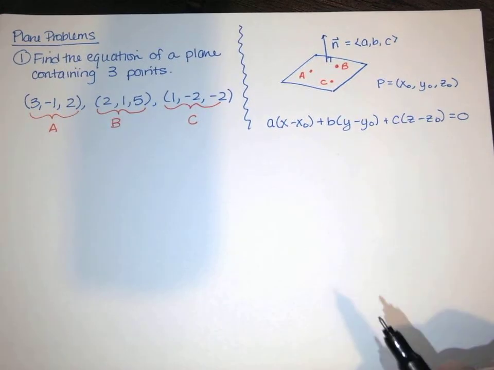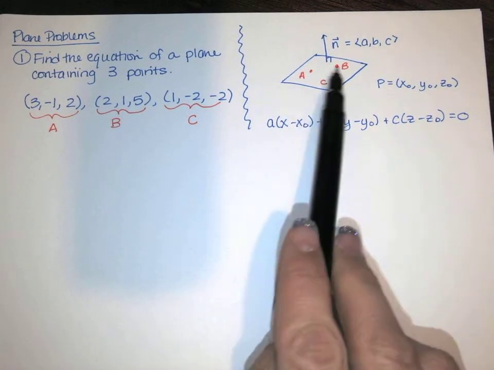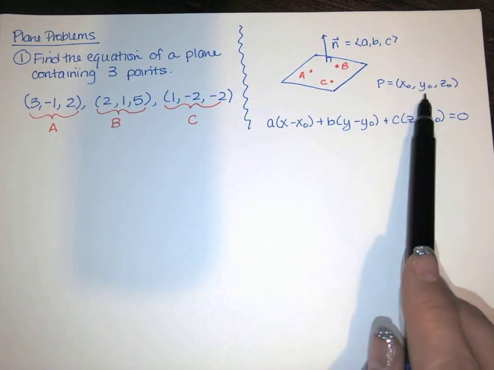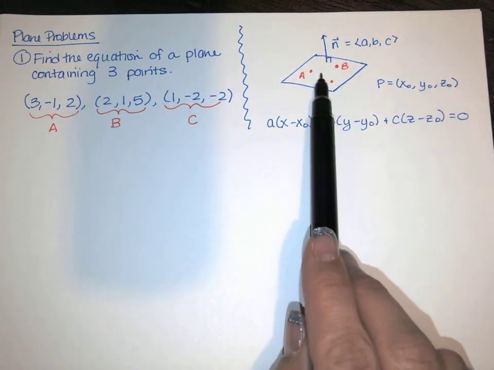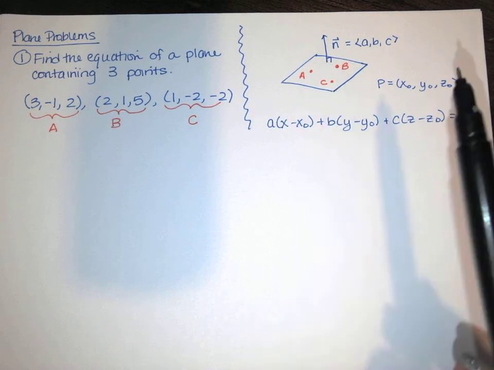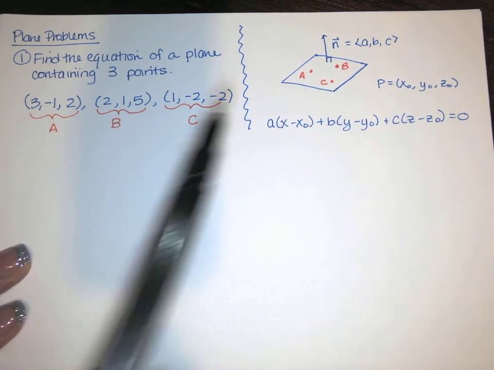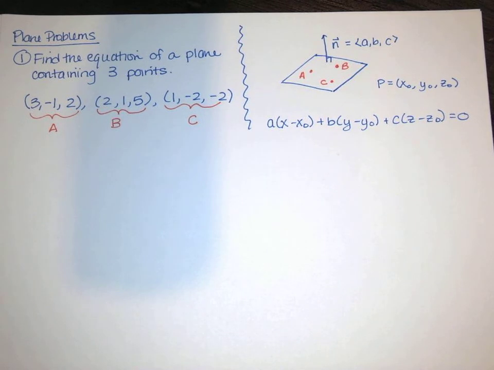And we derived that using a dot product of this normal vector and the vector from this point, x naught, y naught, z naught, which is just some point in the plane, to some other general point in the plane, x, y, z. If you want more information about where this formula comes from, watch the last video.